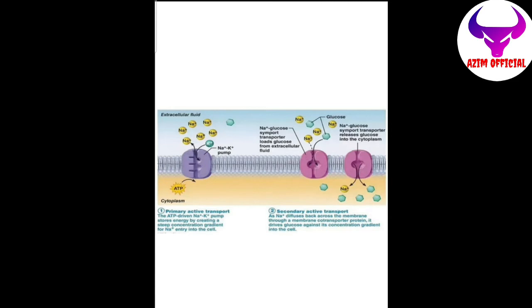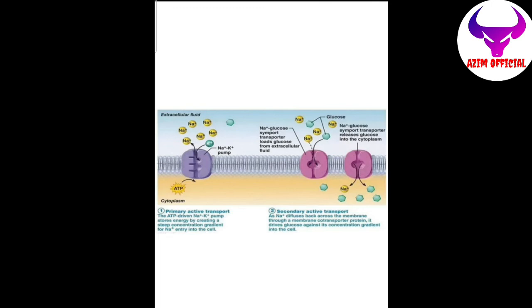When ATP is creating energy, ATP is broken into adenosine diphosphate, that means ADP, and an inorganic phosphate, and creates a lot of energy, huge energy, by dissociating itself.